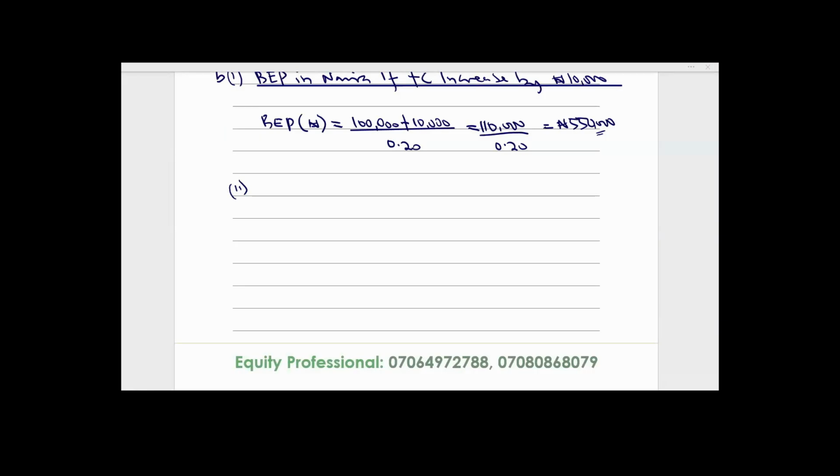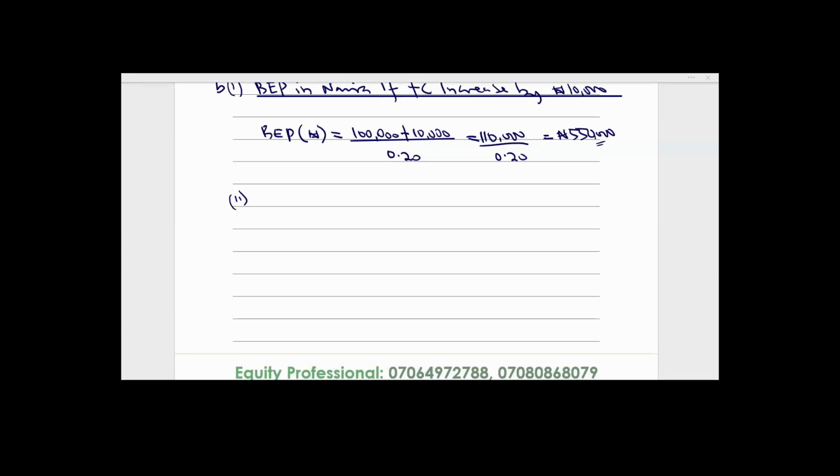If this proposal is undertaken, compute the profit volume ratio, the break-even point, and the profit of the company. So we are told that fixed costs will increase by 25,000 naira, with the expectation of saving the same amount on direct material and direct labor each.